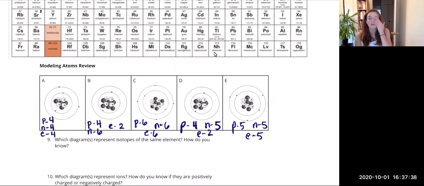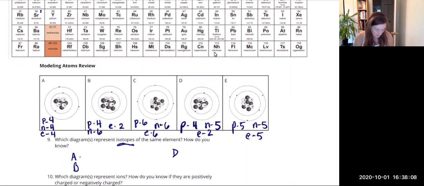Okay, so we've got a little count here, and if we're looking for isotopes, we're looking for the same number of protons, but different number of neutrons, different mass. So which ones have the same number of protons? A, B, and D all have 4 protons.